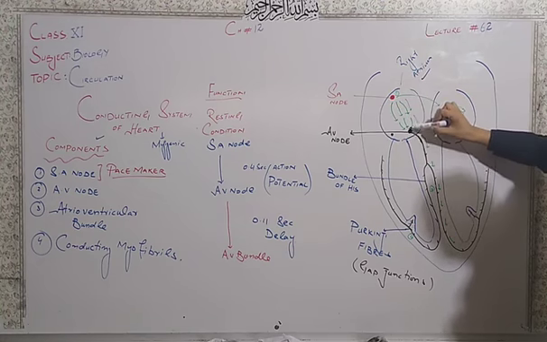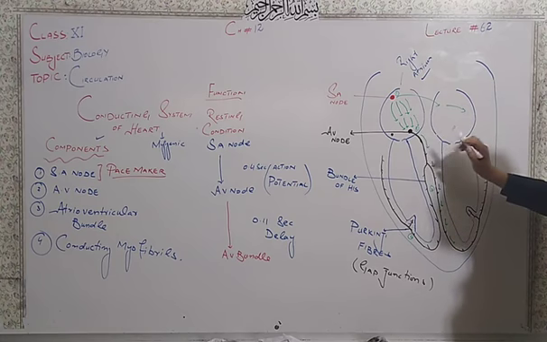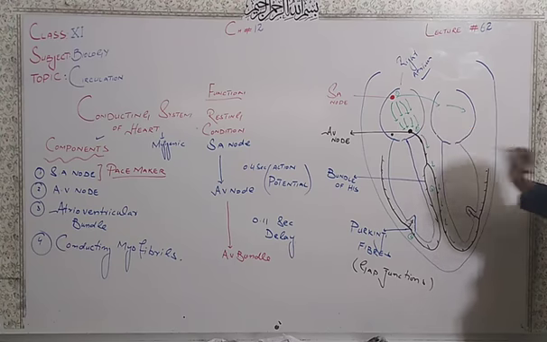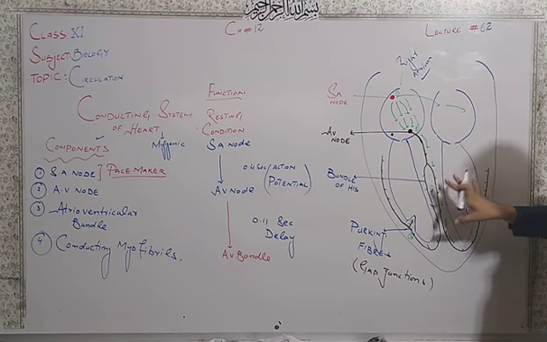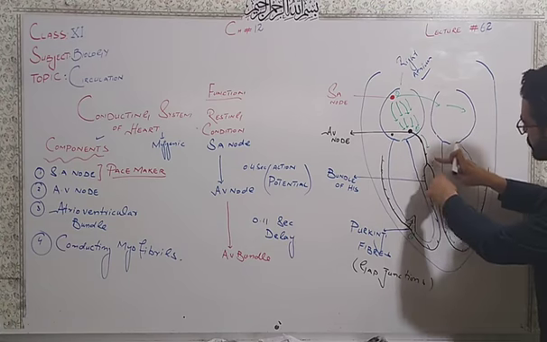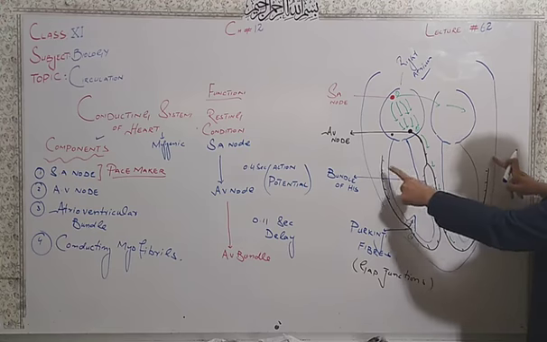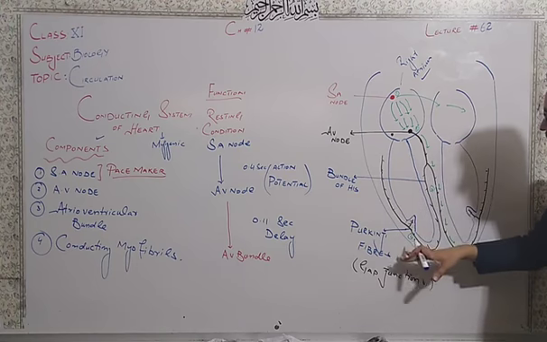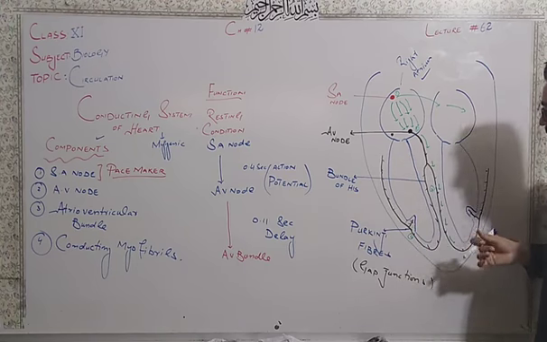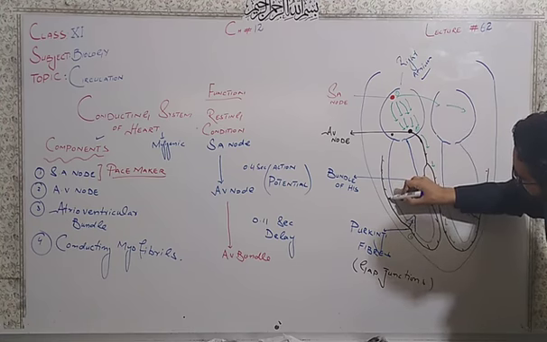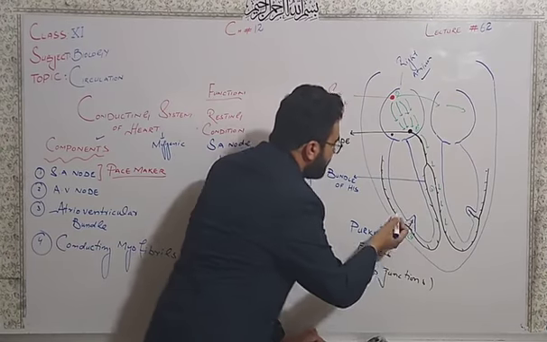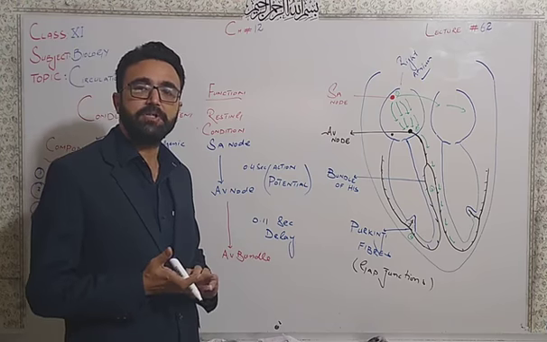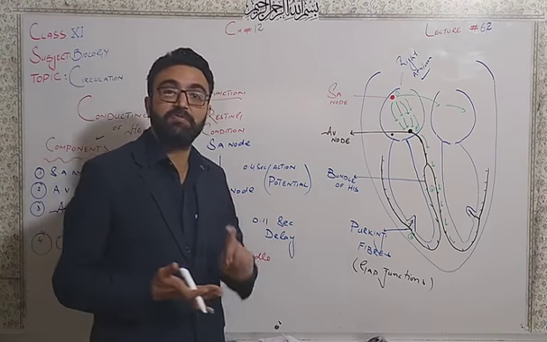From the AV node, there is a bundle which is called the atrioventricular bundle. The atrioventricular bundle then divides into two branches, called the bundle of His. These two bundles then further divide, and branches arise from them which are called myofibrils, also called Purkinje fibers. These Purkinje fibers have certain gaps called gap junctions, or intercalated discs, which are very important for the transmission of electrical potential in these fibers.